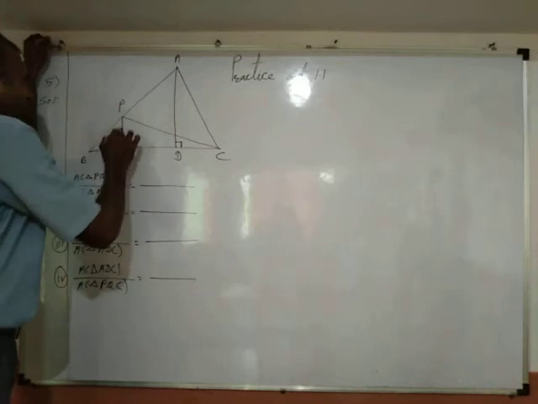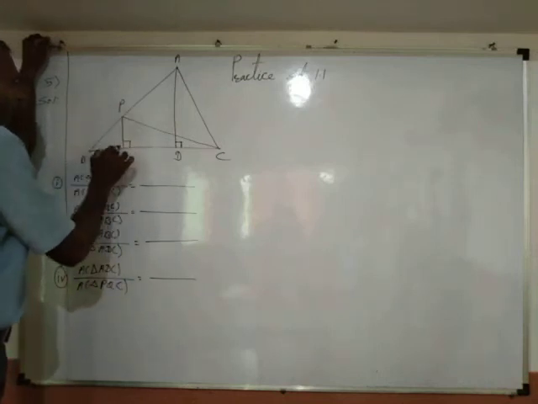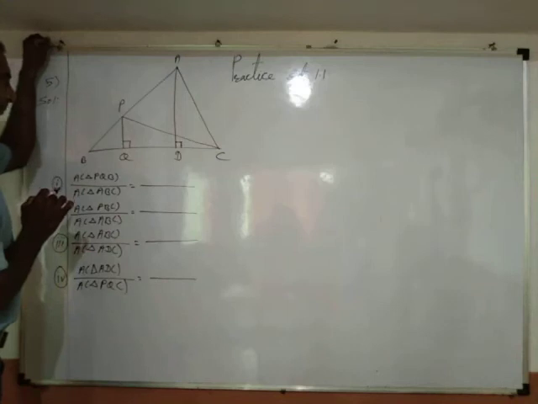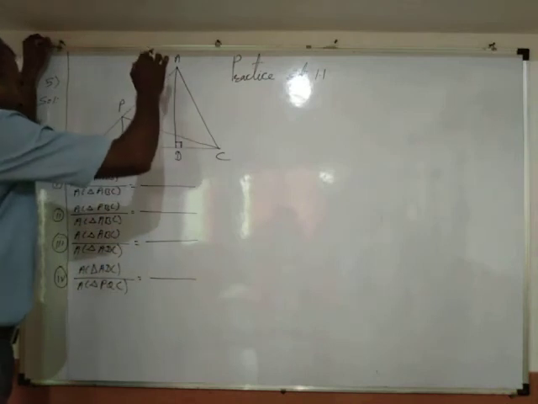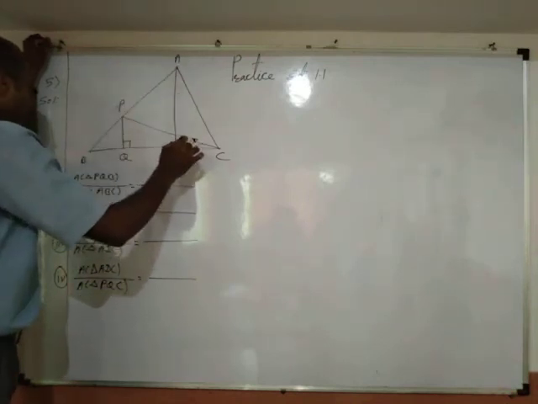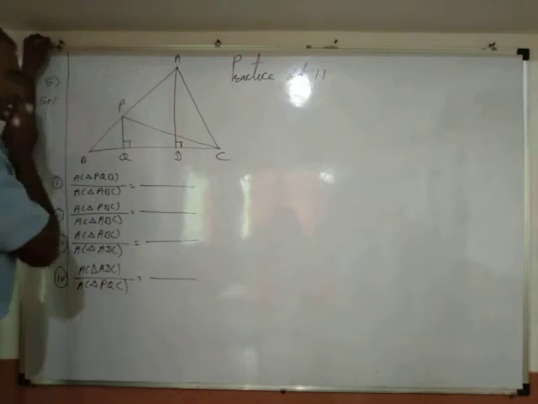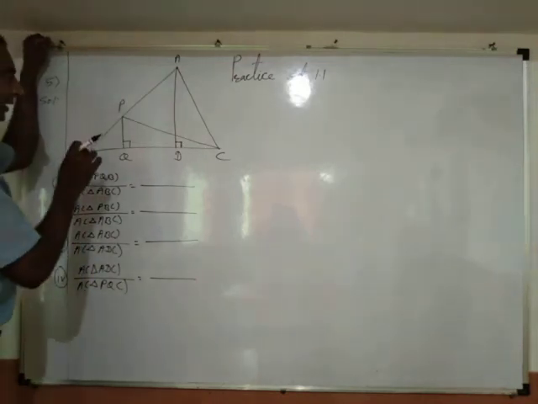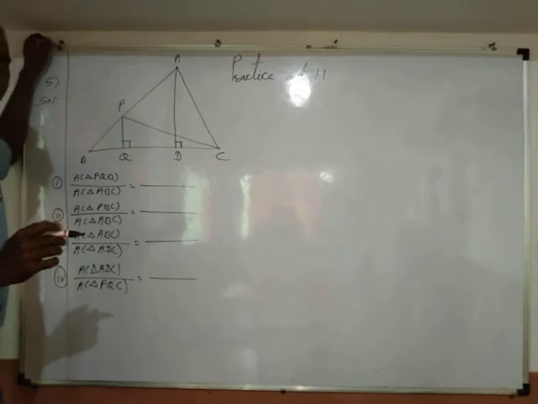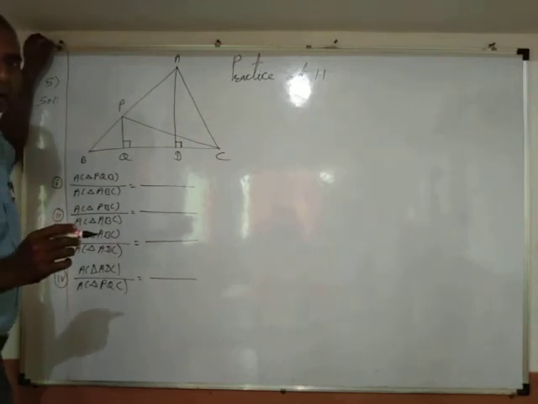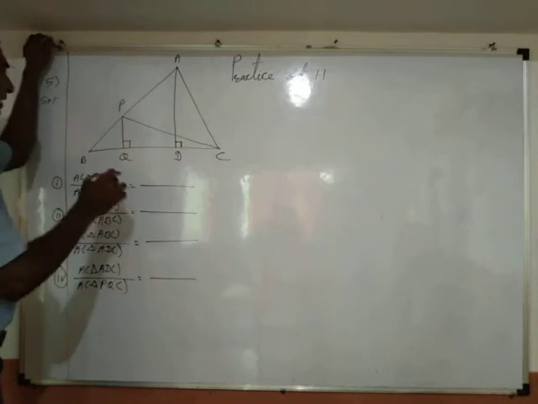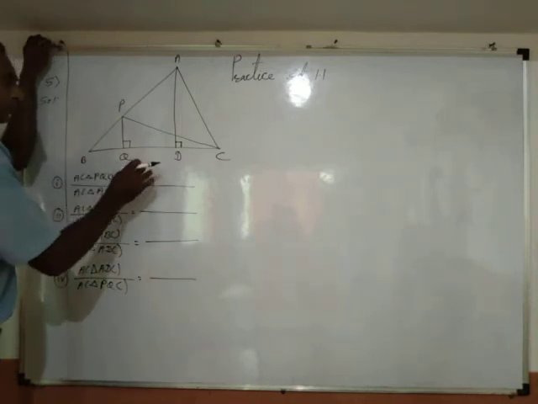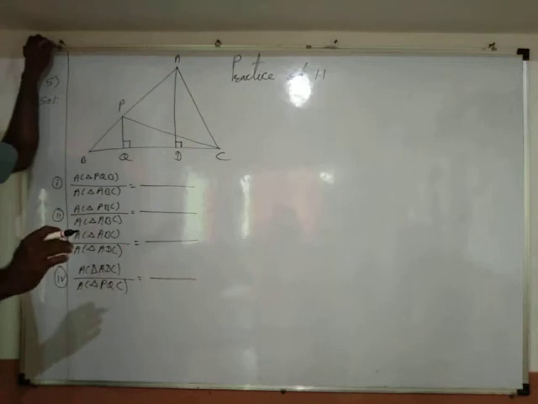In triangle PQB, BQ is a base, PQ is a height. In triangle ABC, BC is a base, AD is a height. Means these are triangles having different bases and different heights. And we know that the ratio of areas of two triangles equals the ratio of the products of their bases and corresponding heights. That's why we write B1 into H1 upon B2 into H2.